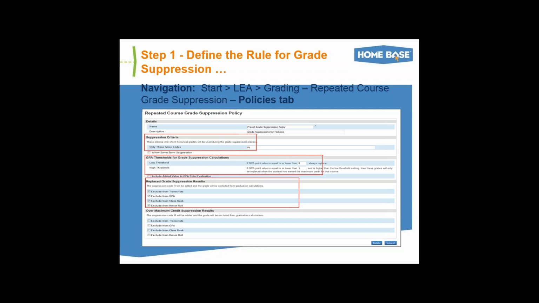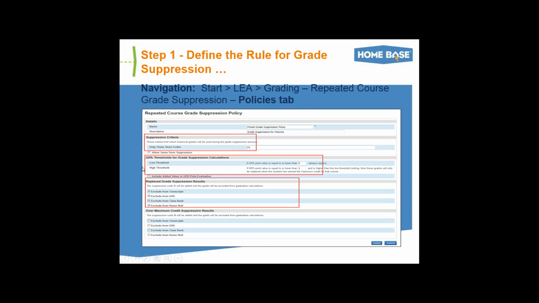Luckily, being in North Carolina, F1 means final mark across the state. So if you've got a final mark and you keep it stored under F1, those are the marks that are going to apply. Now, if you've noticed, there's a little one, allow same term suppression.